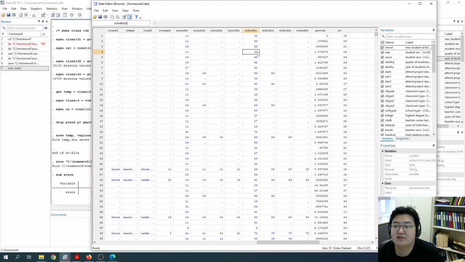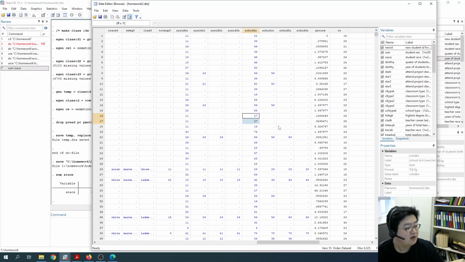If there is some unobserved characteristic specific to the school, then these students will share the same characteristics. So we may bundle these students who attended the same school. And these students attended school 56, which is different from 33, but these two attended the same school. That's how we use this information.